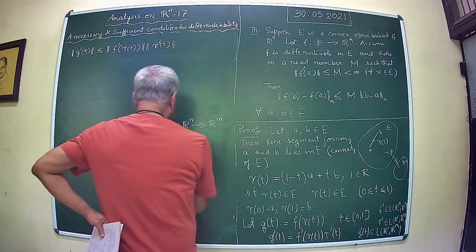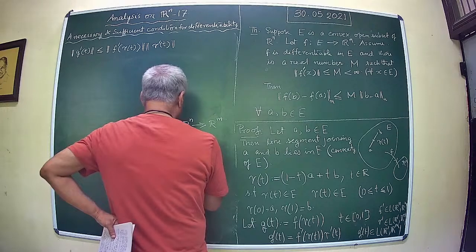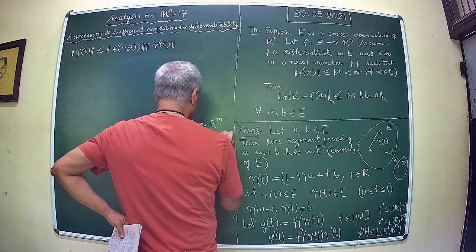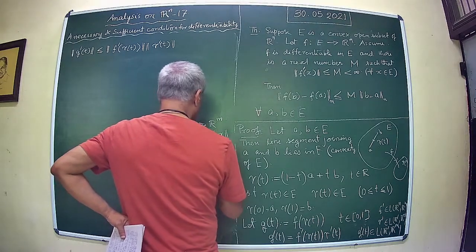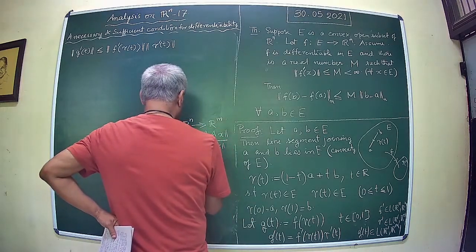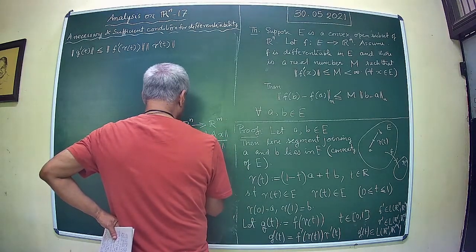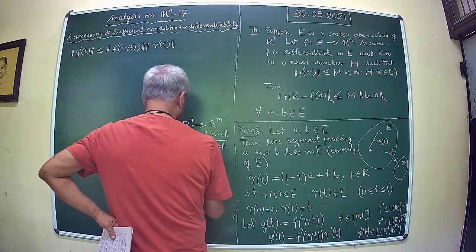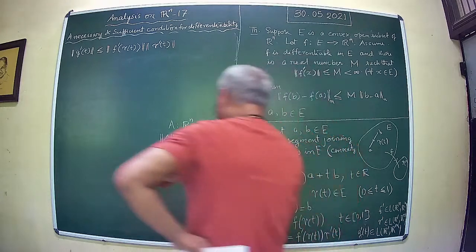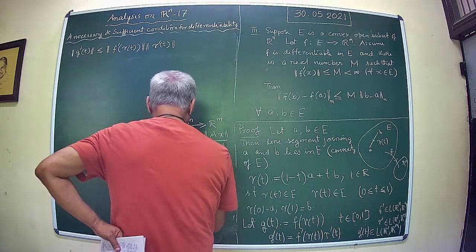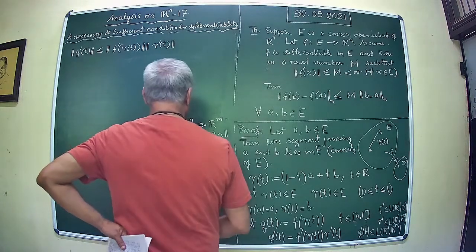Norm of A is the supremum of norm of Ax over norm of x, for x not equal to 0, which is also equal to the supremum of norm of Ax over norm of x equal to 1.